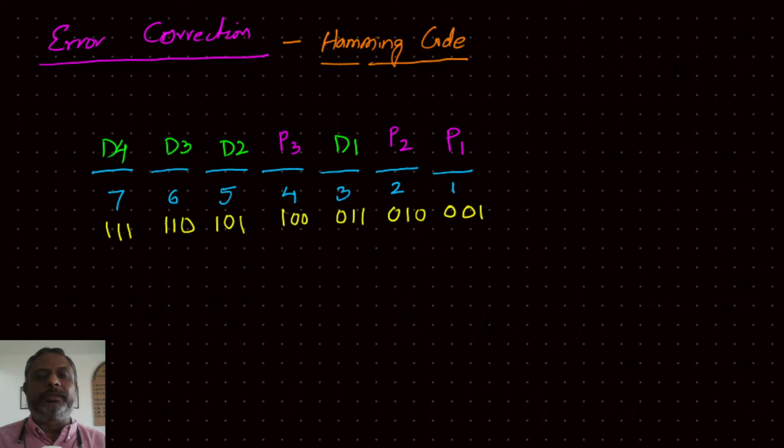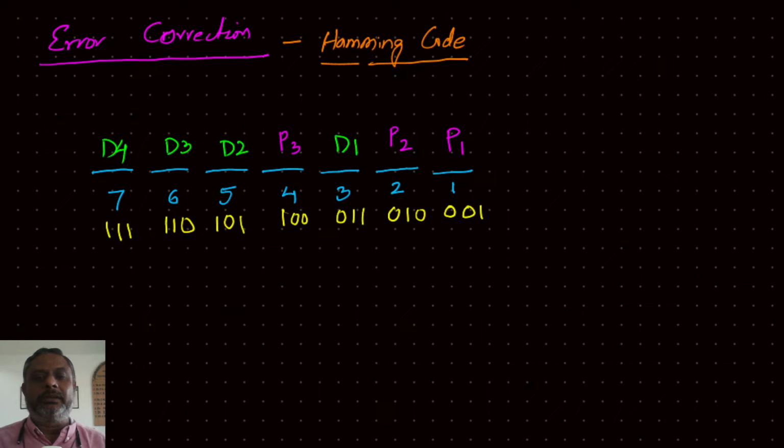And these parity bits are arranged according to powers of 2. So the first parity bit will be at 2 to the power 0, that is 1. And the second parity bit will be at 2 to the power 1, that is at 2. And the third parity bit will be at 2 to the power 2, that is 4. And next will be at 8, 16, 32, and so on.